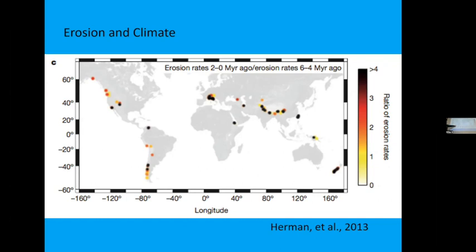So what they were trying to show is that in the last few million years, things are eroding much faster than the previous few million years. And they show the areas that are the darkest are Patagonia, the Alps, and the Himalaya. And what this paper was trying to show is that glaciers really do play an important role in how fast things have started to erode over the last couple million years.